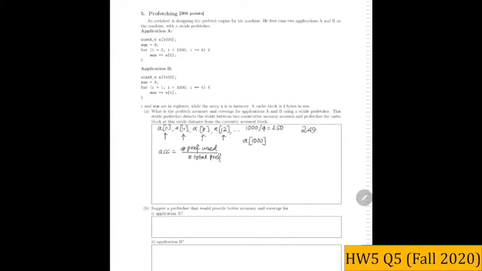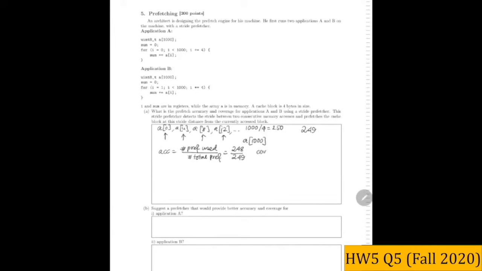As per this rule, the accuracy of the stride prefetcher in program A would be 248 out of 249, because the last prefetch, which is going to A1000, won't be used at all.